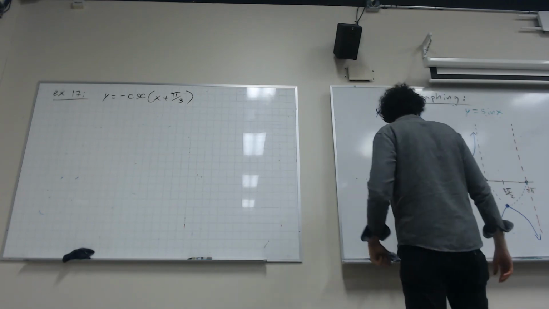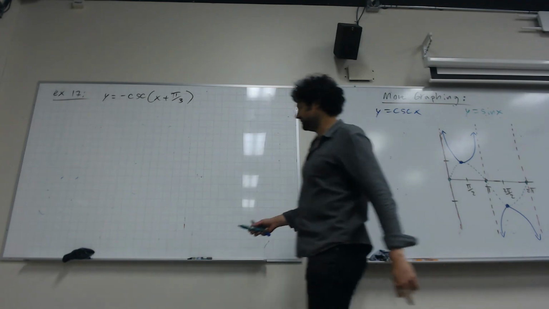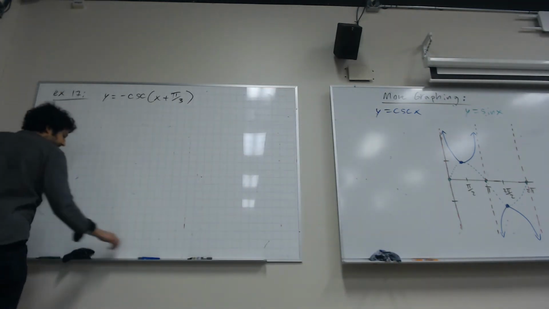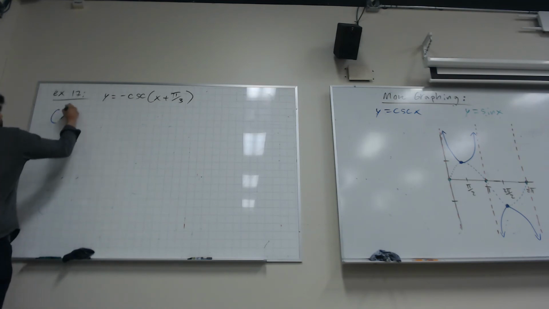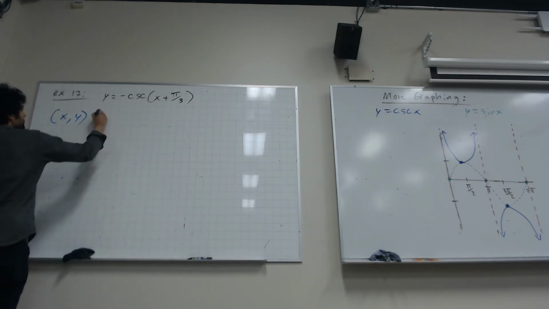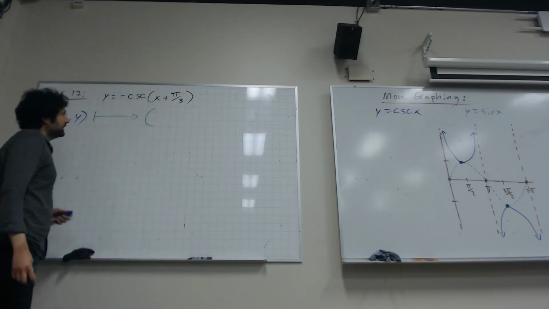So let's do this one. If you take some point on the graph of cosecant, see what happens to it. Take x and do what to it?